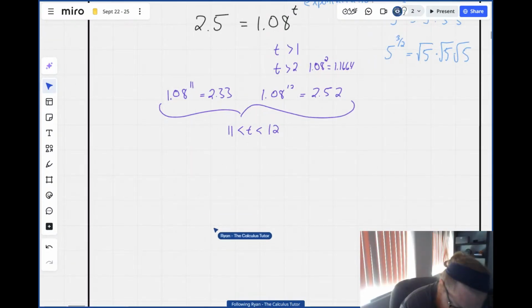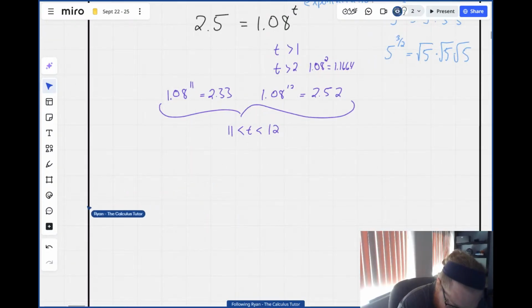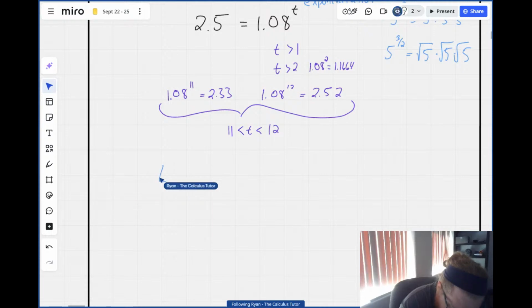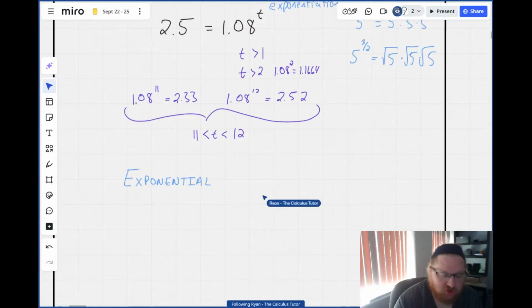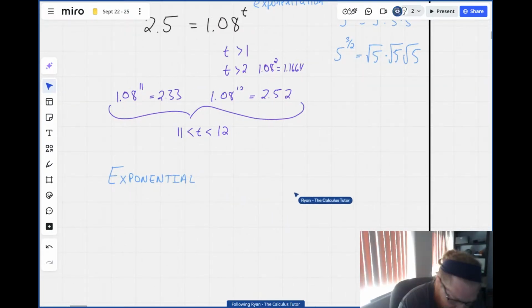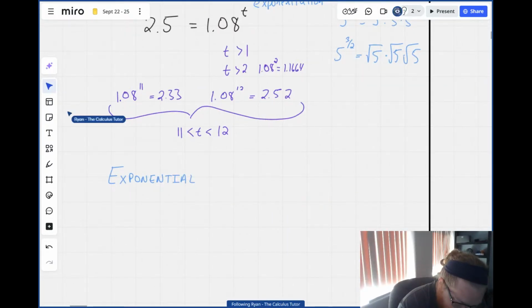So I'm going to make us some notes here. If you have an equation in exponential form, I'm going to summarize that, and I'm going to color code some things.